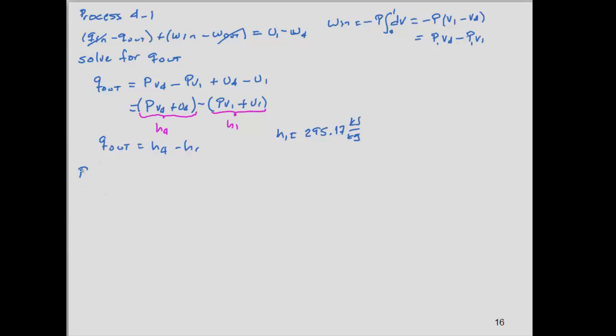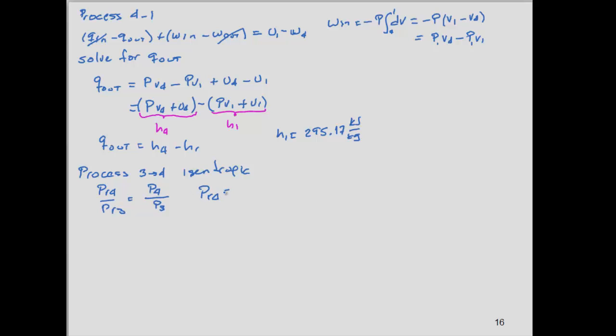We remember that process 3 to 4 is an isentropic process. So we call the same PR4 divided by PR3 equal P4 divided by P3.